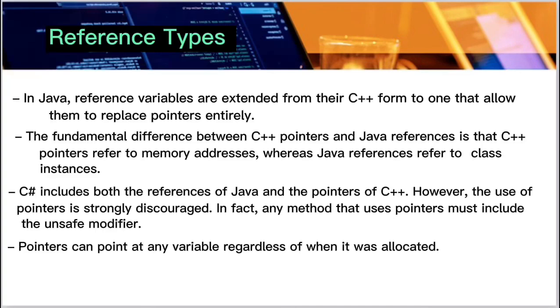Because Java class instances are implicitly deallocated, there is no explicit deallocation operator, and there cannot be a dangling reference. C# includes both the references of Java and the pointers of C++. However, the use of pointers is strongly discouraged. In fact, any method that uses pointers must include the unsafe modifier. Pointers can point at any variable regardless of when it was allocated.